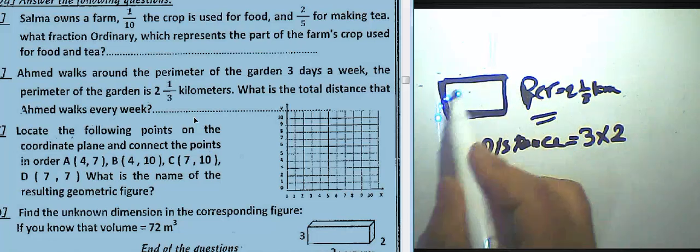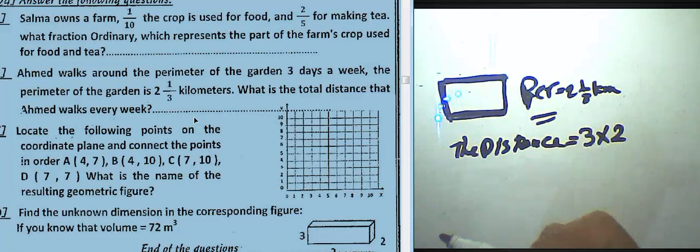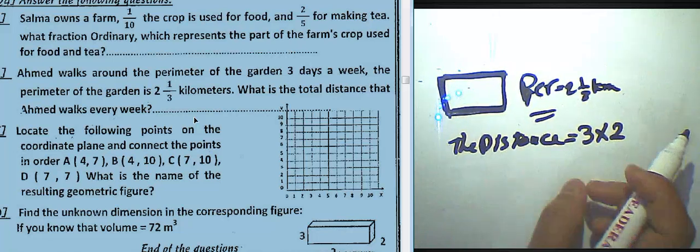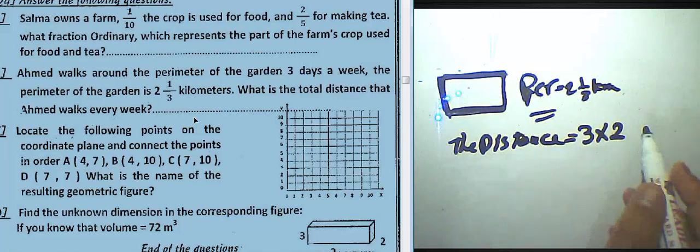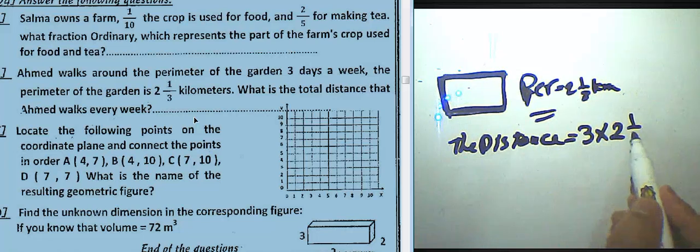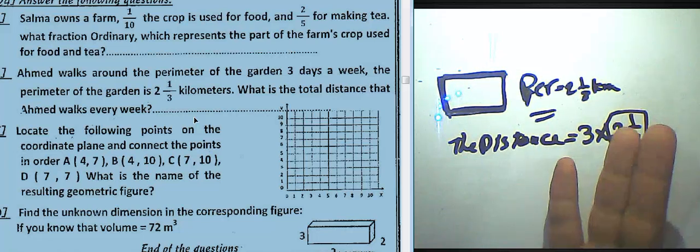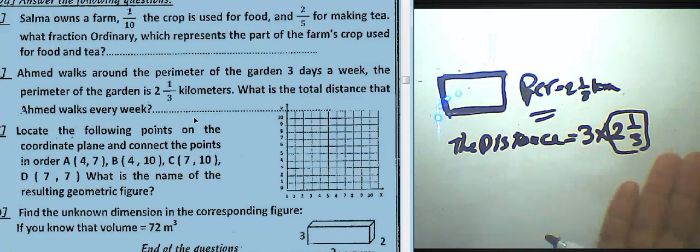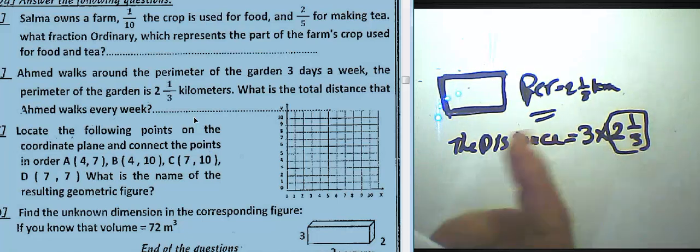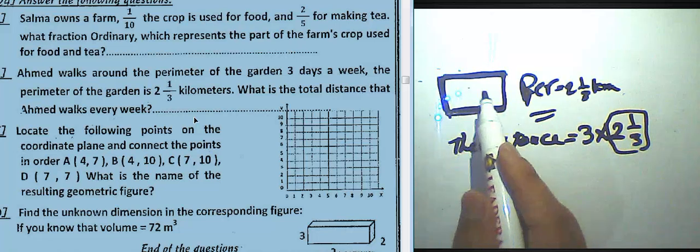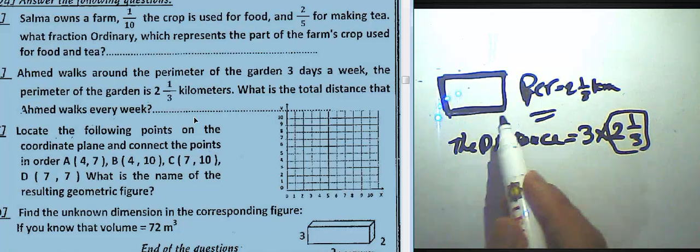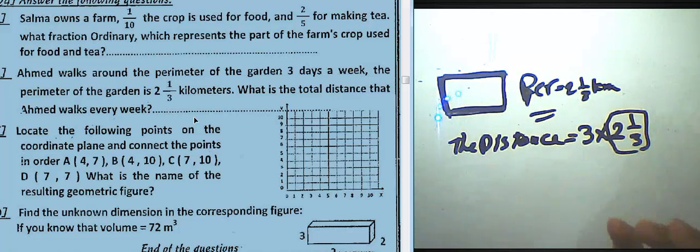He goes around 2 1/3 kilometers in 1 day, and in 3 days it will be 3 times 2 and 1/3, because he moves around the garden 3 days a week.